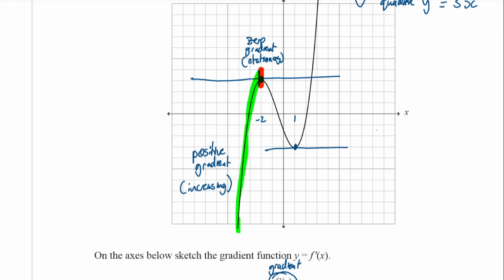Now, after that point, how would you describe this yellow section? Is it increasing, stationary, or decreasing? Right, so since it's going down and to the right, we would say it has a negative gradient, and we call that decreasing.